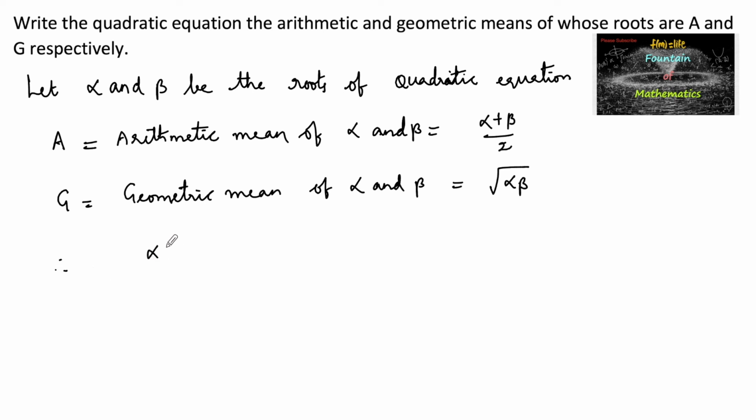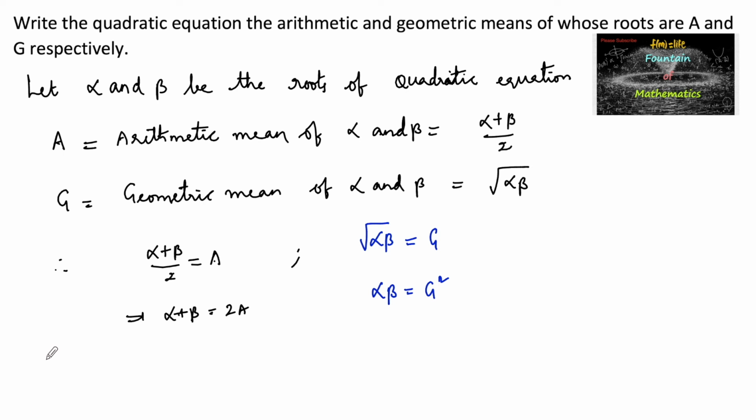So we have alpha plus beta by 2 is equal to A, that is alpha plus beta is equal to 2a, and also given geometric mean root of alpha beta is equal to g, or we can say alpha beta is equal to g square.